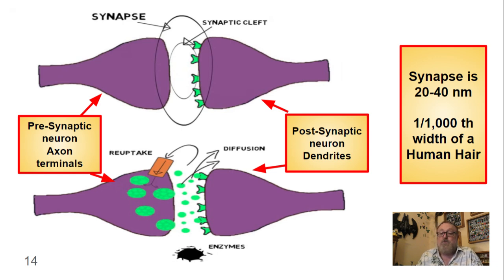The space in between the two neurons is called the synapse. This slide shows that the presynaptic neuron releases chemicals into the synapse where they are received by the postsynaptic neuron.